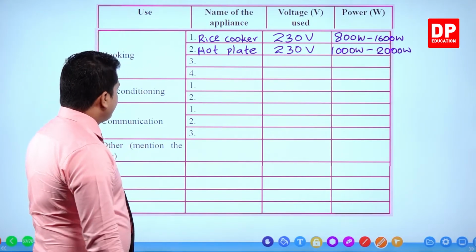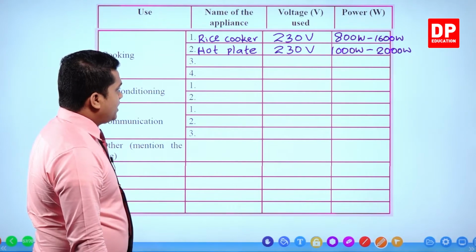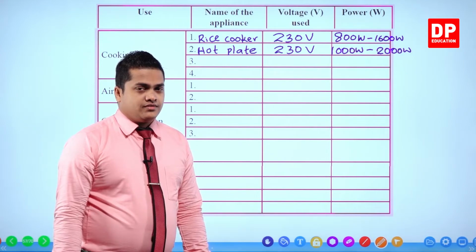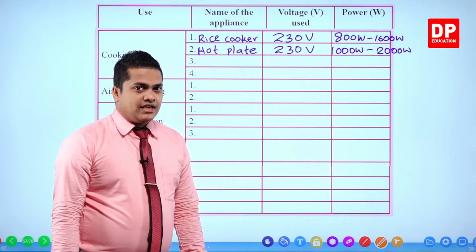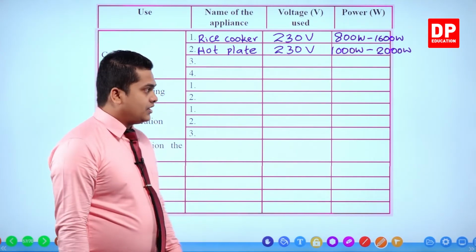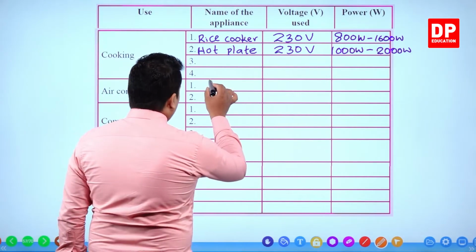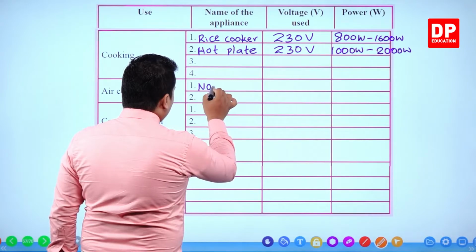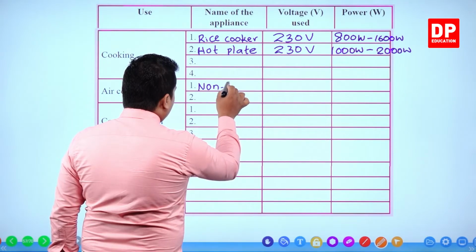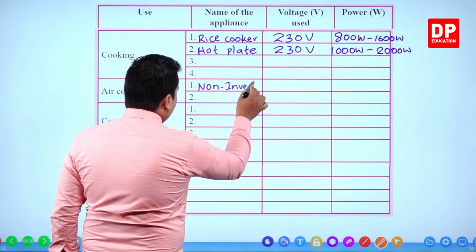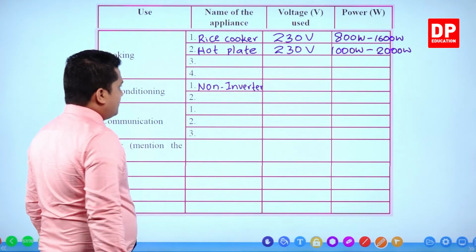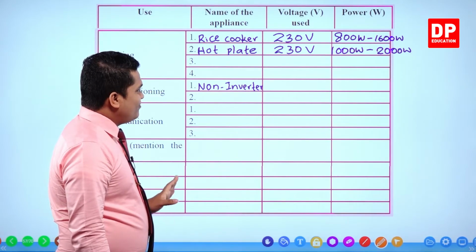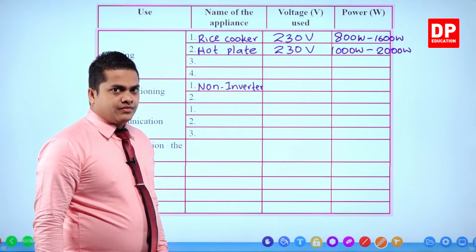Then air conditioning. In air conditioners, there are different types of air conditioners. The first type is the non-inverter air conditioner.